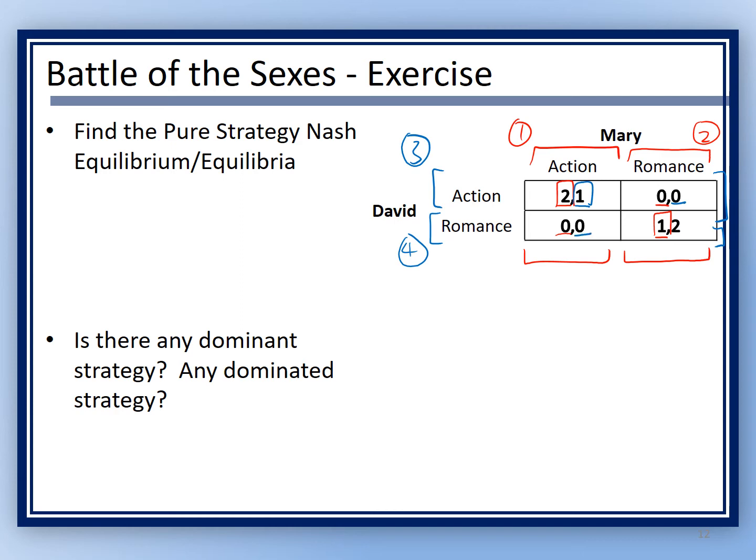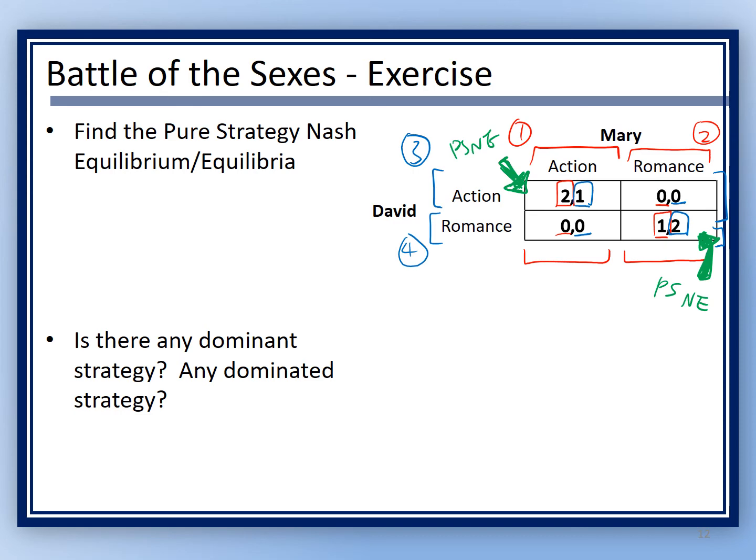Mary likes the romance movie, so she is going to go to the romance movie. And in the end, you have two pure strategy Nash equilibria.